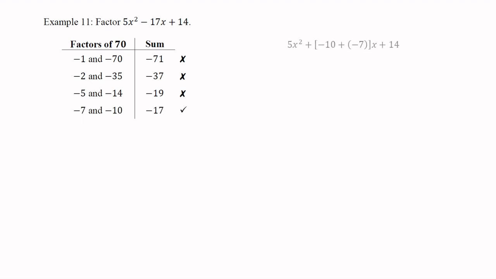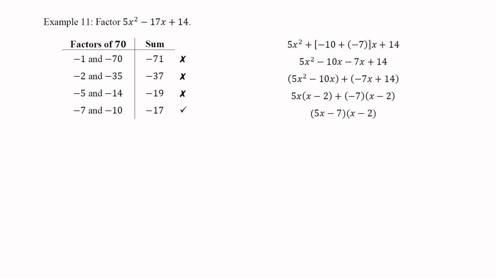So we're going to split up that middle term into negative 10 and negative 7, which gives us our two middle terms. Then we group our first two terms and our second two terms. And then we do our factoring of each set of terms to give us our final factored form, 5x minus 7 times x minus 2.